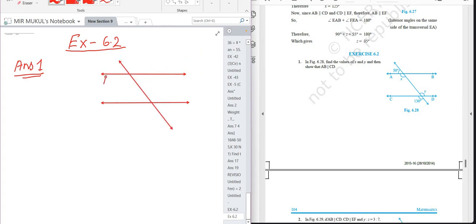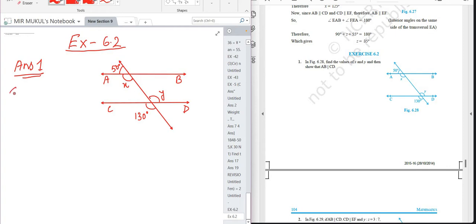So give their names A, B, C, D. This angle is x and this angle is 50 degrees. This angle is 130 degrees and this angle is y.